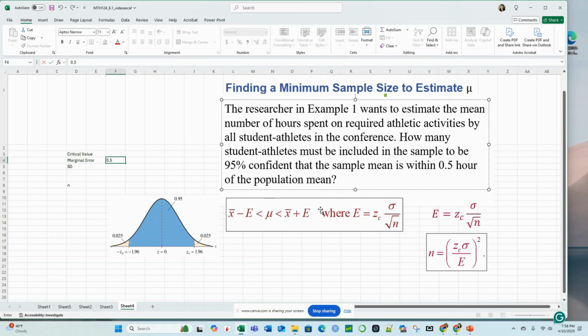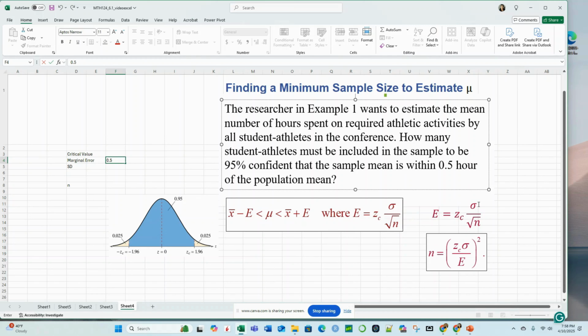So then you will see how we can find the marginal error from this equation, where E is the critical value times the standard deviation of the sample. If you want to isolate n on the right side, this means we are going to find the minimum sample size.